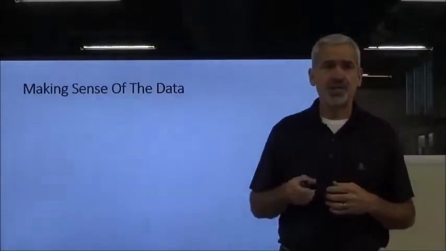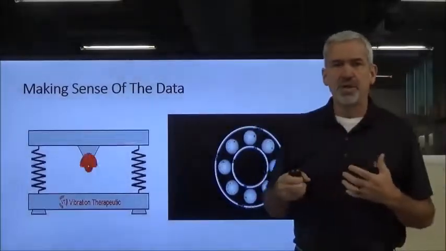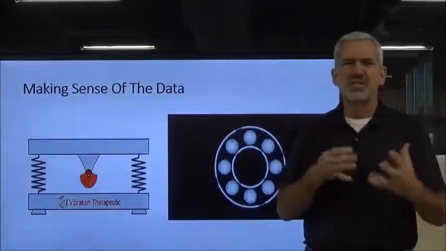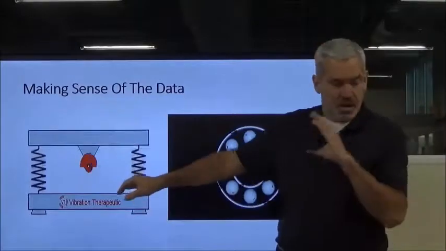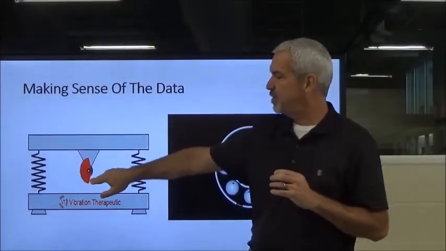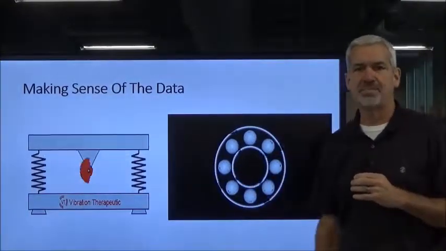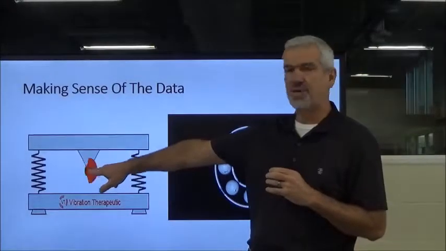So let's try to start making some sense out of this data. All right. So first of all, we know that we've got vibrations going on at all kinds of different frequencies. This is 1 times, so we've got an out of balance. We've got a chunk missing out of our sheave right there. So our machine is vibrating at 1 times the RPM of the motor driving this sheave.